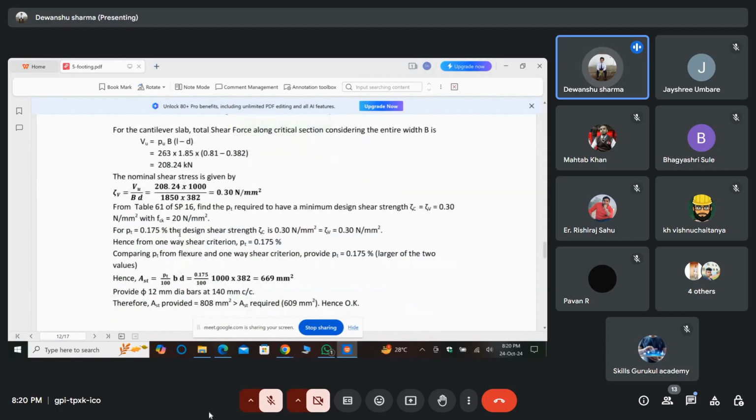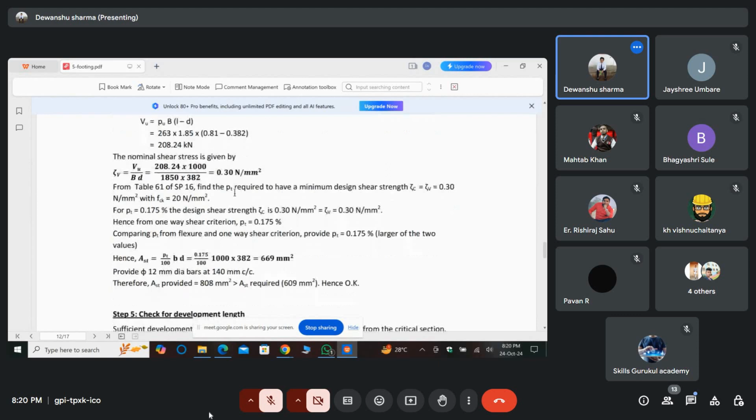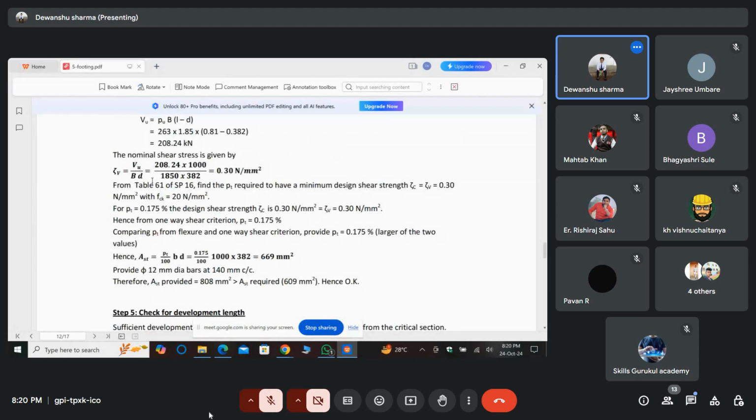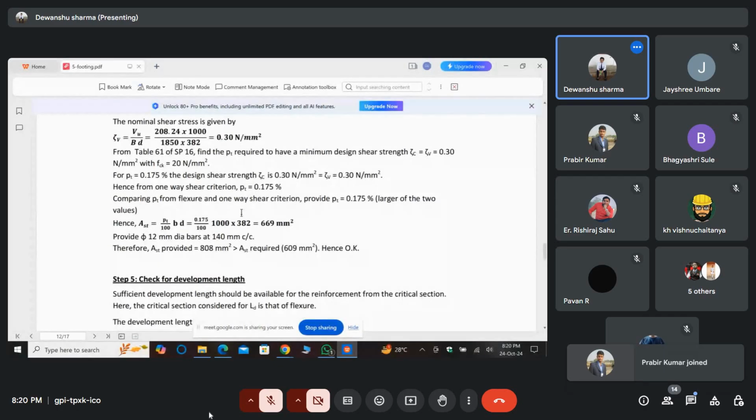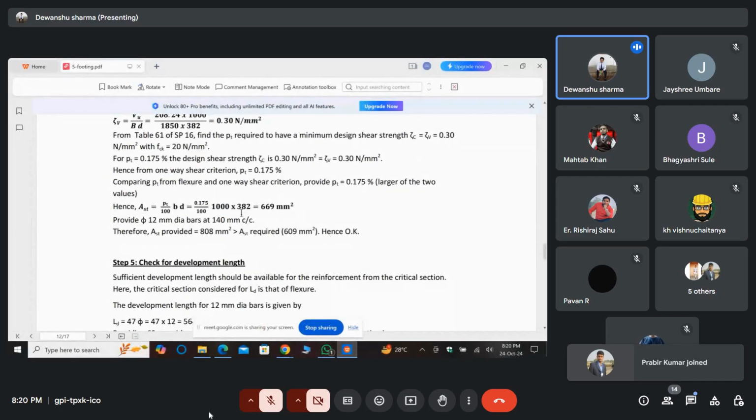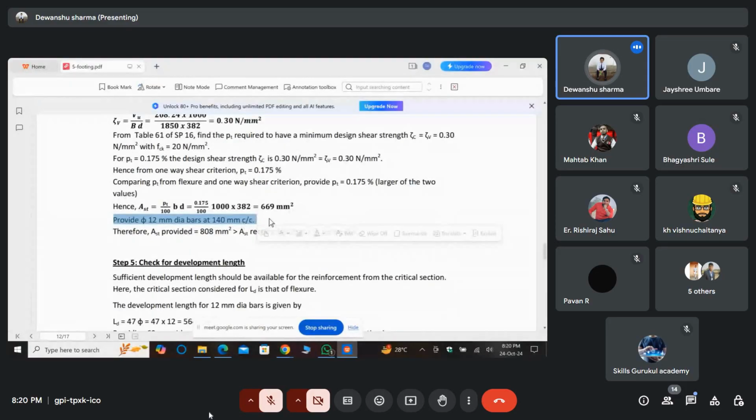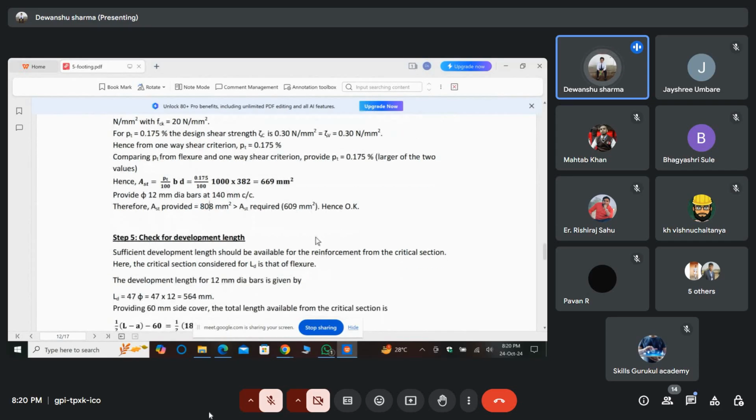We put all the values, and our nominal shear stress is there. So from all this calculation, we find out that providing 12 mm diameter bar at 140 mm center to center, Ast provided is equal to 808, which is more than the Ast required. So this is also okay.